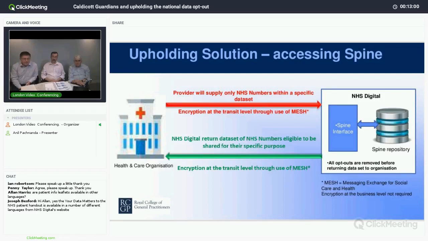It's something based on MESH. If you've come across that before, that's the Messaging Exchange for Social Care and Health. This is a strategic solution from NHS Digital that's used readily across health and care at the moment for transferring data files between organisations and NHS Digital. And the thing about MESH is that it comes in 3 different flavours. There's the MESH API, and the MESH client, and that will typically be used by organisations where you've got spine compliant systems in play, and those systems are primarily responsible for managing your data flows.